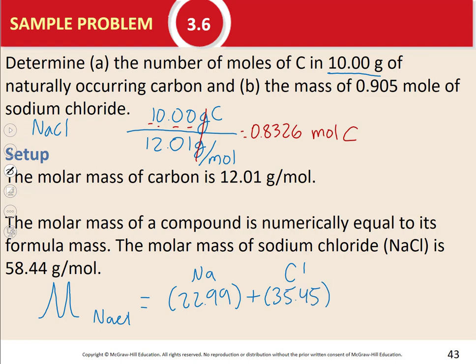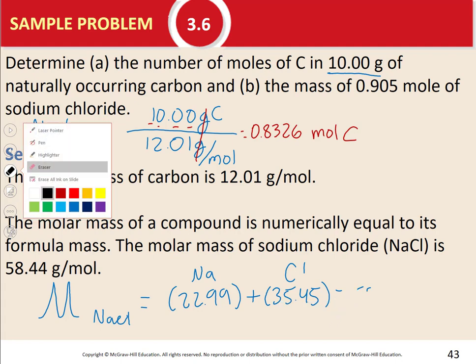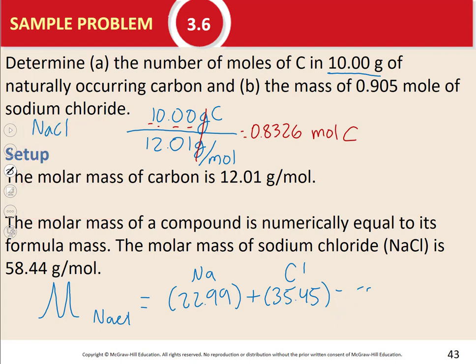I've only got one of each, so I'm just going to add them together, and that's where 58.44 comes from. Grams per mole is the molar mass for sodium chloride.